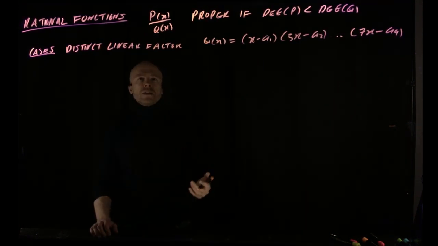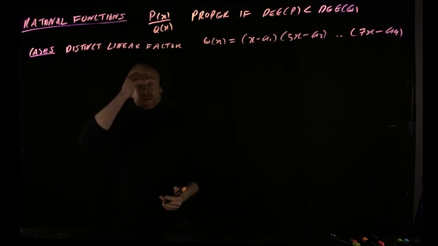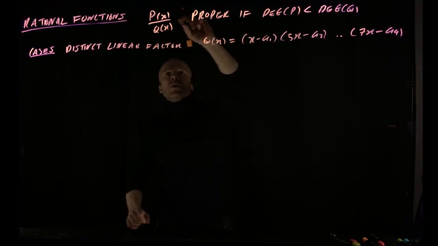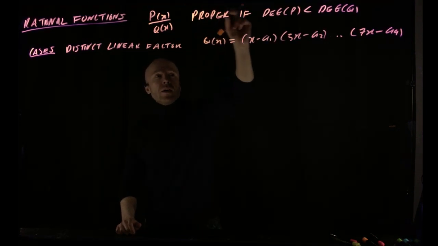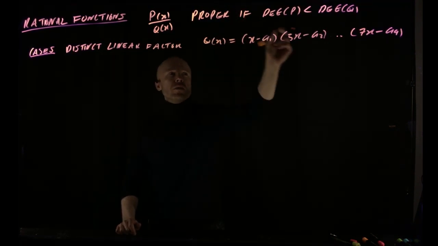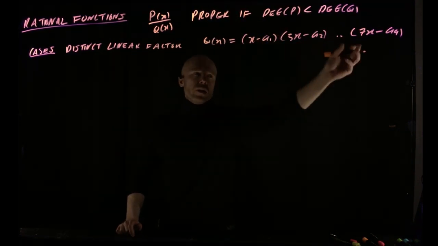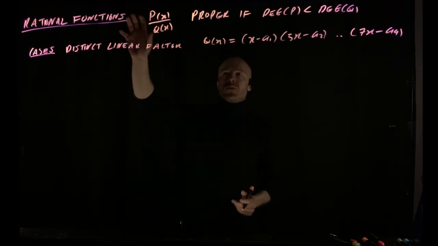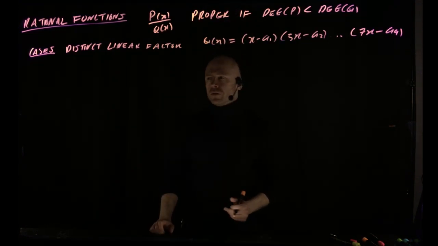These are all distinct linear factors, right? Then what we do is we write this thing as the sum of a over the first linear factor plus b over the second linear factor plus c over the third linear factor and so on. We make a common denominator by multiplying through, and then we solve for all these coefficients we've introduced.